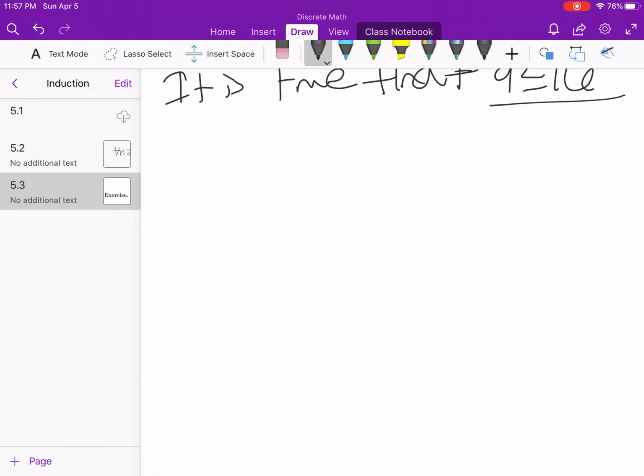So now what do I need to do? Well, I need to show that if I suppose that P of k is true, I need to be able to get to P of k plus 1 being true, right? So now I have the inductive step.